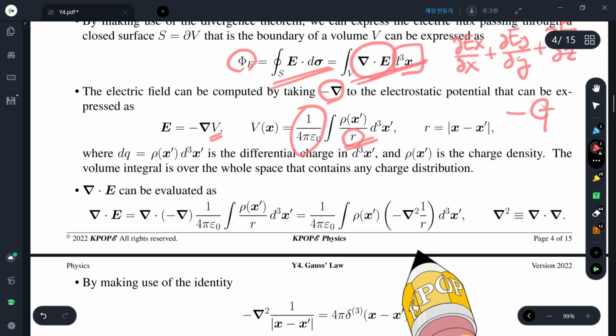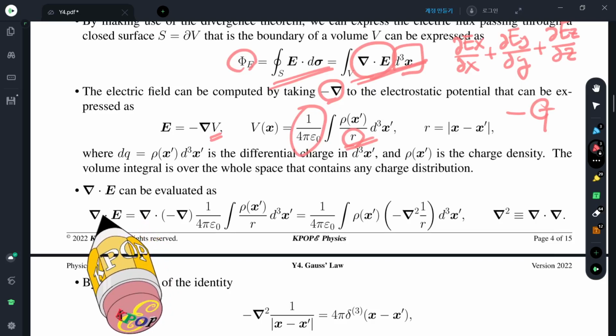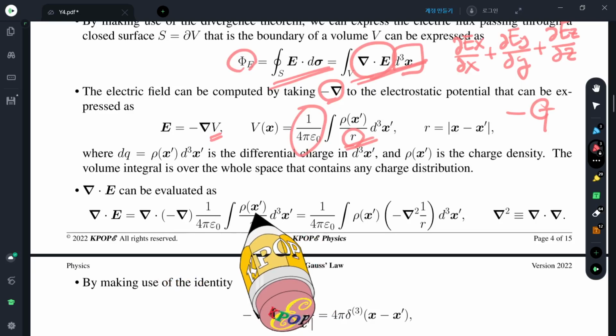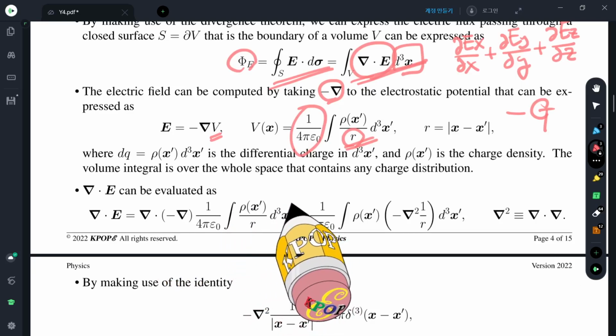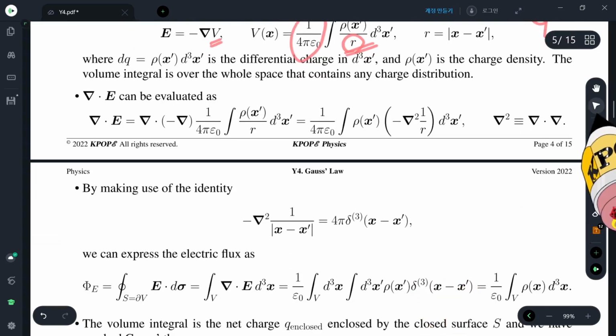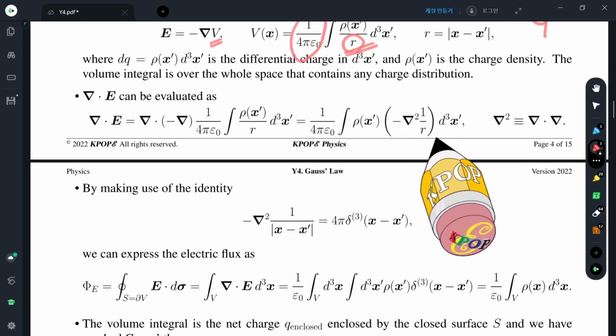Then we can evaluate the divergence of the electric field. The divergence of the electric field can be computed because this is a charge distribution. I don't expect too much difficulty to compute this, but it is more or less out of the scope of our class.